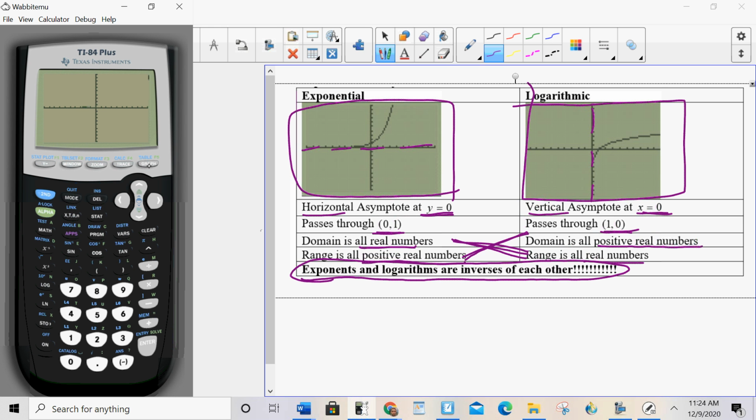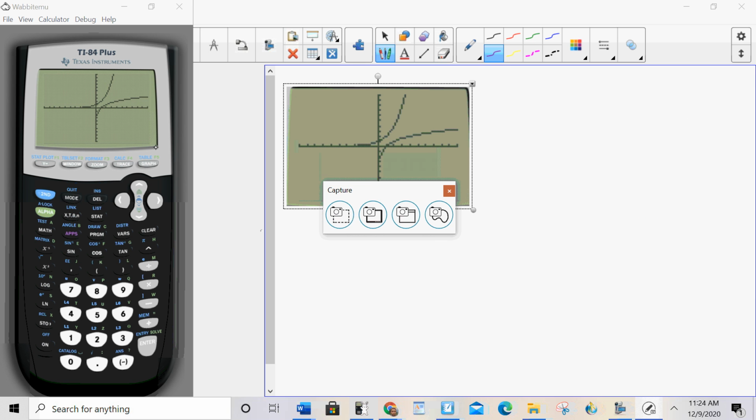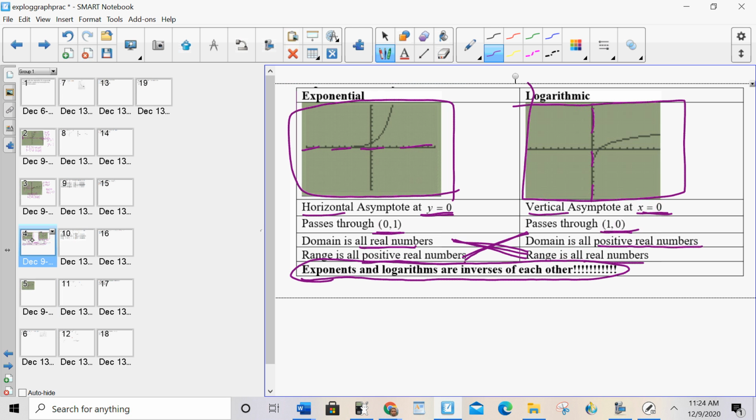But graphically, inverses are a reflection of each other over the line y equals x. And if I snip this, you can see that if I draw in the line y equals x, it's a reflection of itself over that line.